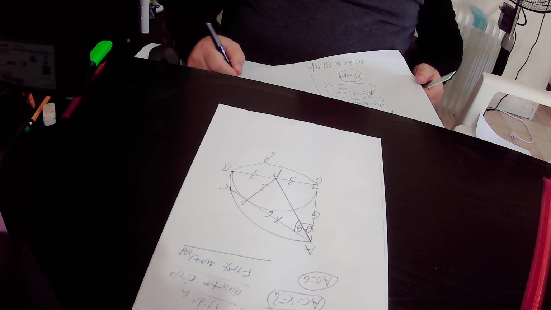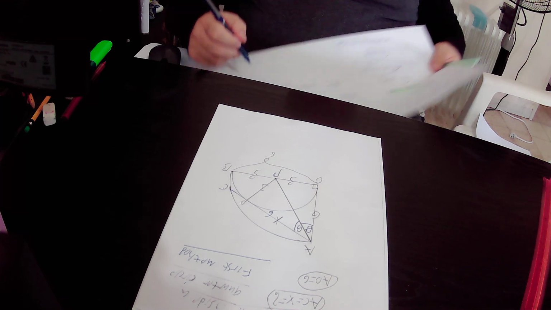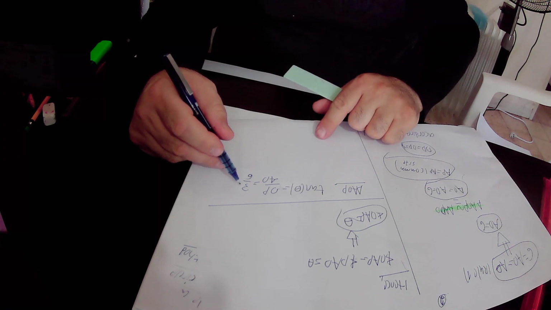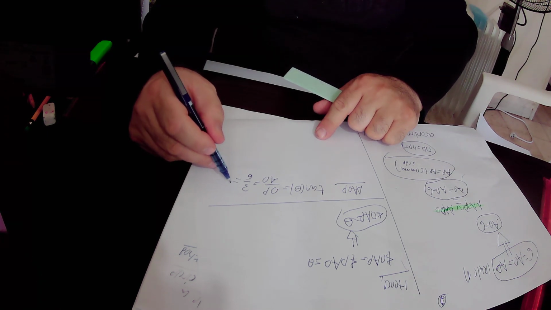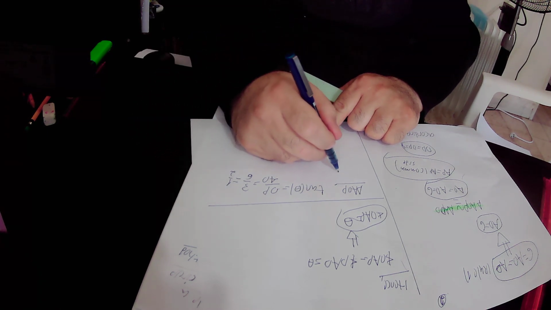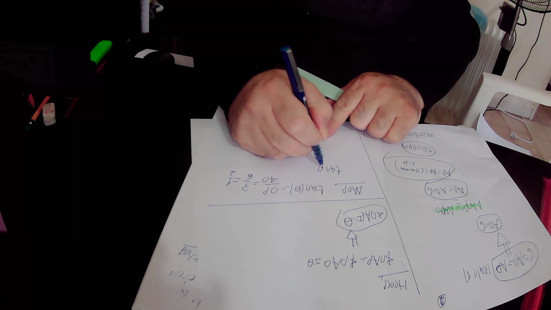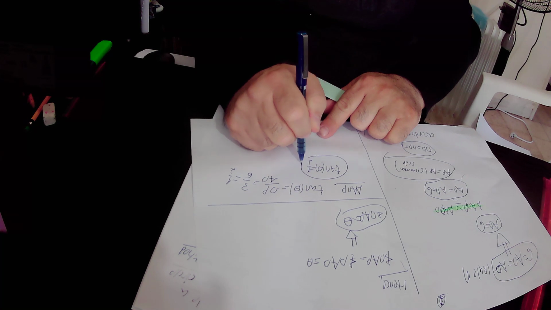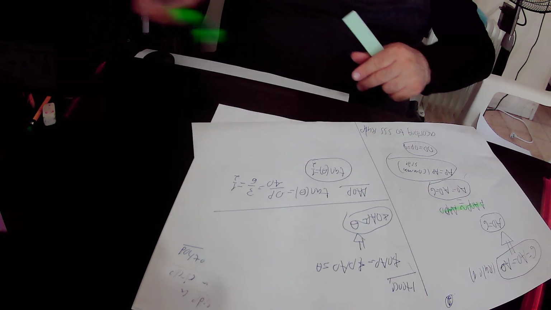The radius of the quarter circle is twice as large as the radius of the semicircle. So here we found out that tangent theta equals 3 over 6, that is actually 1 over 2. So in conclusion, tangent theta equals 1 over 2.